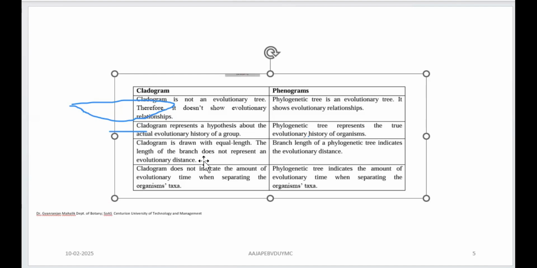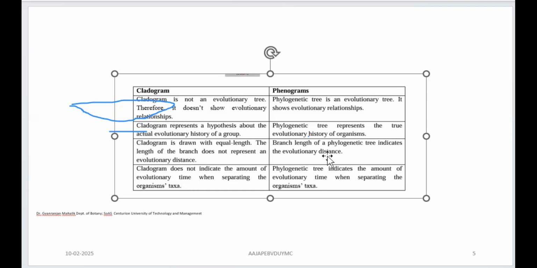And a branch is very much like the point at which it divides into two. So the branch is going to tell you that they are differing, they are separating at that particular point, and the distance would tell you how far they are related and how far they are different from each other. So evolutionary distance is also an important point in this.